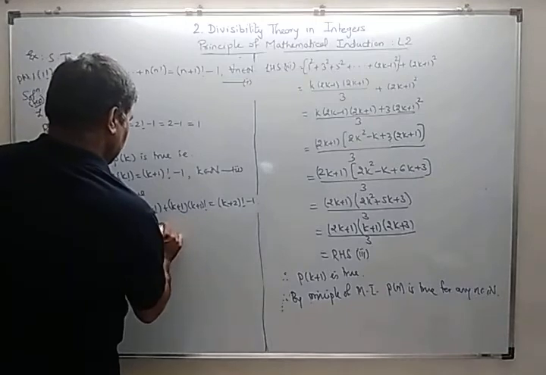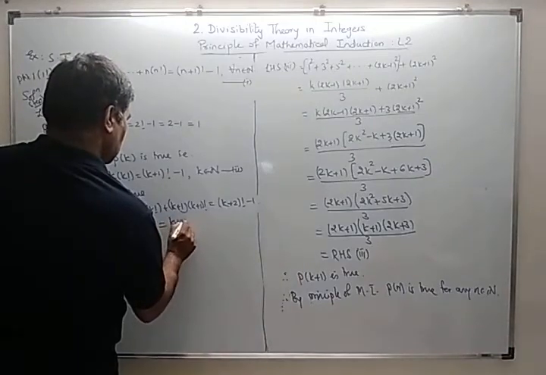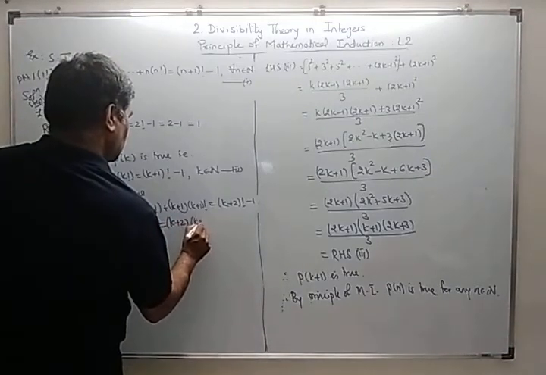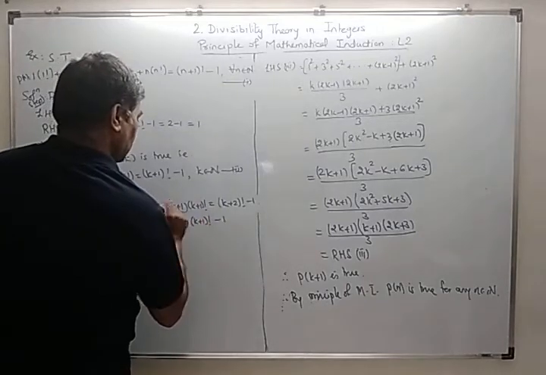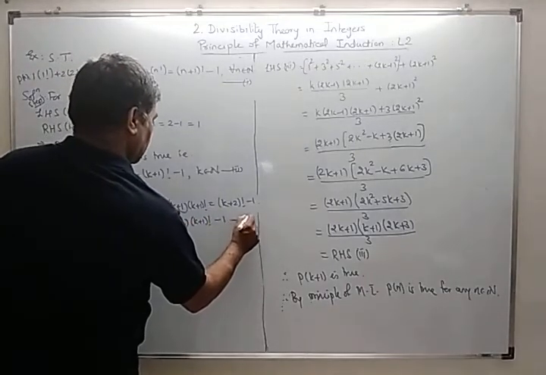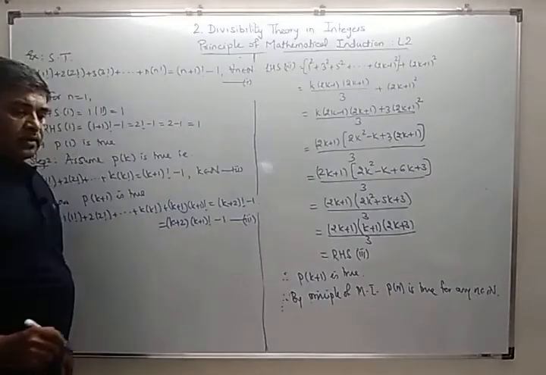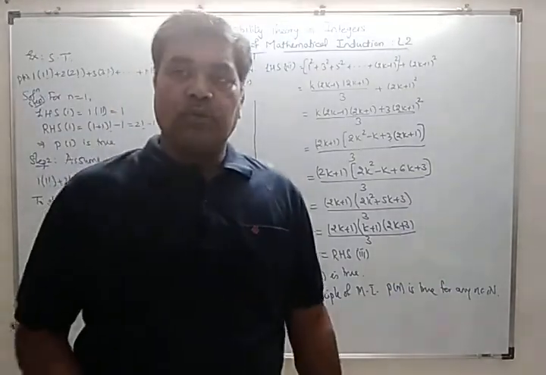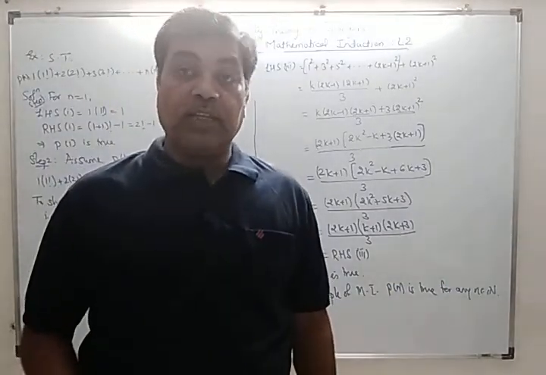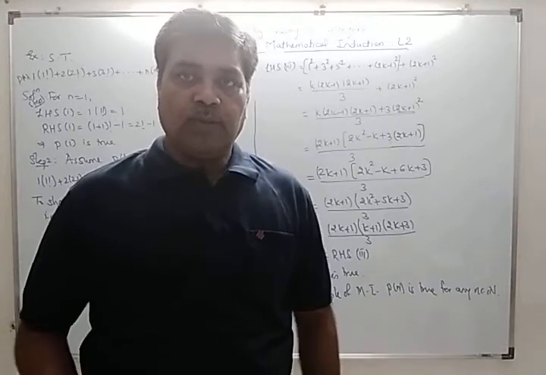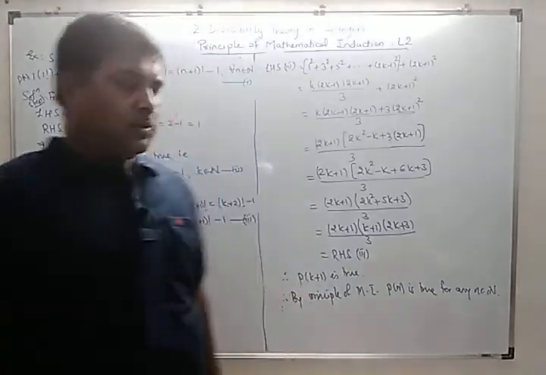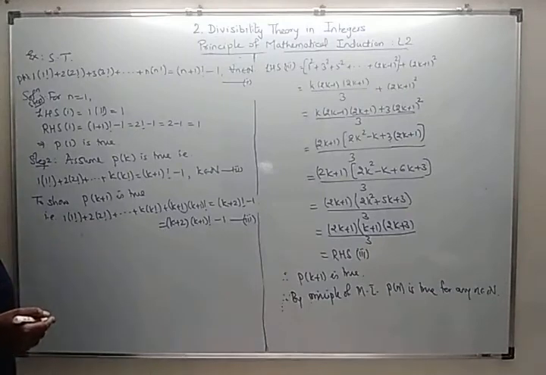This is nothing but k plus 2 into k plus 1 factorial minus 1. Because we know that n factorial is equal to n into n minus 1 factorial, or n plus 1 factorial is n plus 1 into n factorial. N factorial is the product of the first n natural numbers.